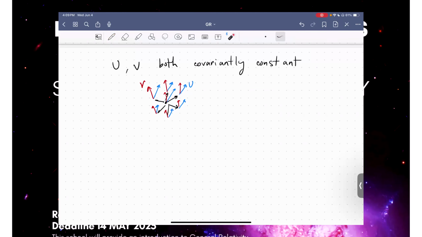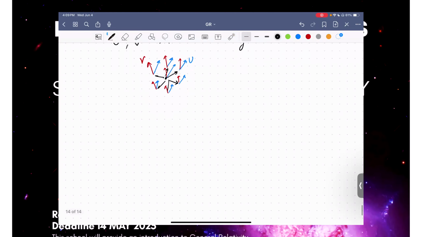All right. So intuitively, we would like to say that the inner product between these two vectors, from our intuition about Euclidean geometries, should only depend on the norm of these vectors and the angle between them. And if they are being parallelly transported everywhere, then the inner product should not change. So is that true in GR?